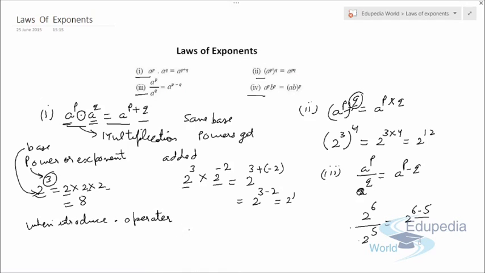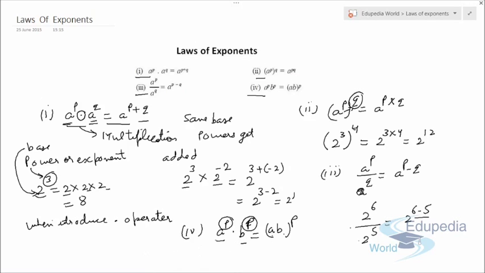Now the fourth law is a raised to power p into b raised to power p equals ab raised to power p. Means now in this question we have different bases but the powers are the same. Whenever we have different bases but the same powers and they are getting multiplied, we can multiply the bases and keep the power the same.